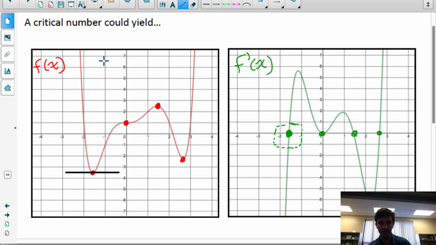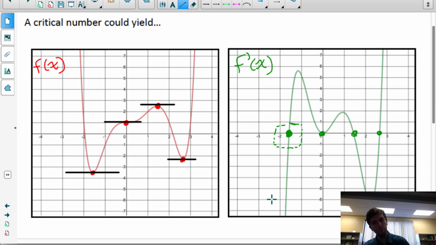A horizontal line. And look there. If I drew a tangent line to that point, it would be a horizontal line. Same with all the other ones. Right? If I were to draw a tangent line to any of these points, they would all be horizontal lines. So basically, if we figure out when the derivative is equal to 0, what we have figured out is where there are horizontal tangents on the original function.